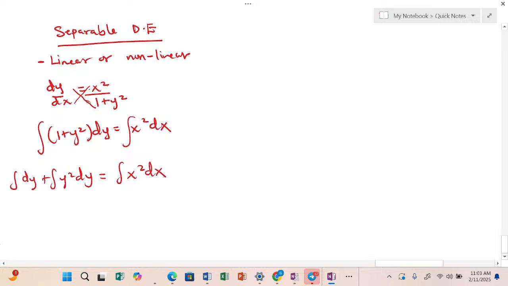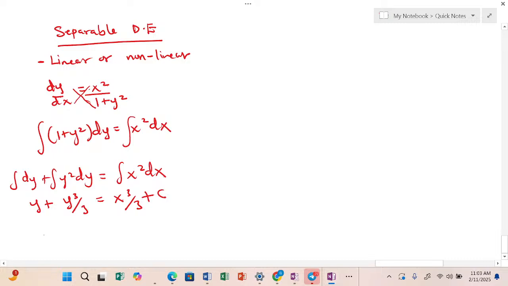So in solving for this, we get y plus y to the power 3 on 3, we ignore the c, is equal to x to the power 3 on 3. We could choose to bring the c here because it's an arbitrary constant. So now we have this as our expression, and you could see that the differential equation has been solved.